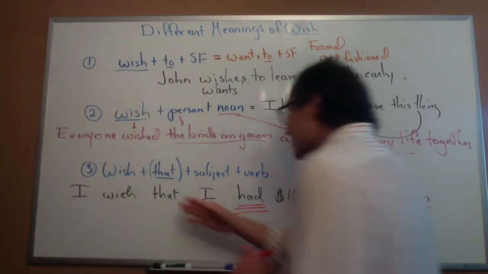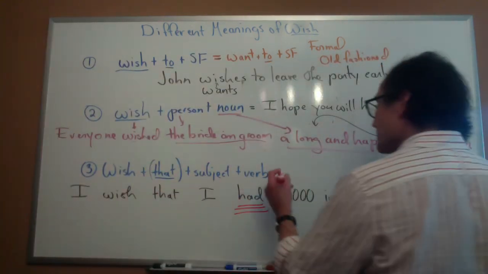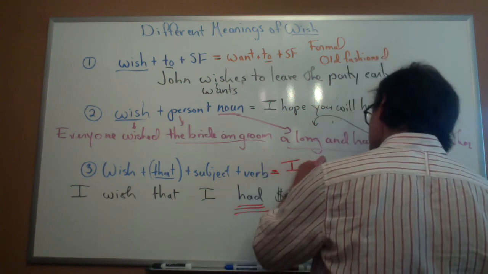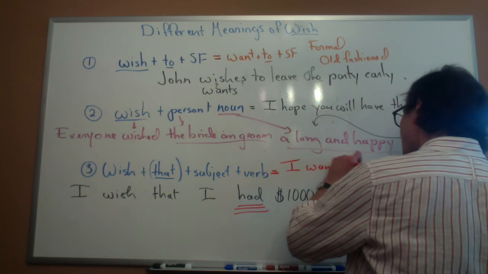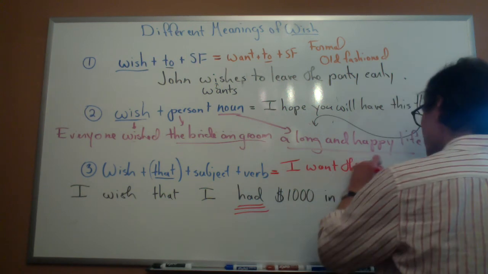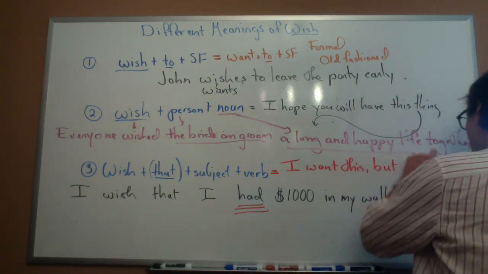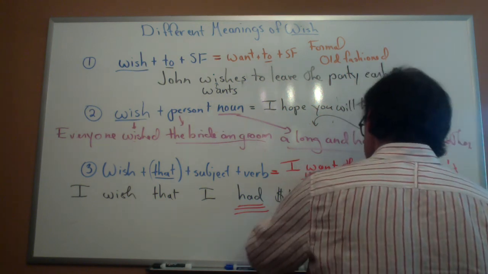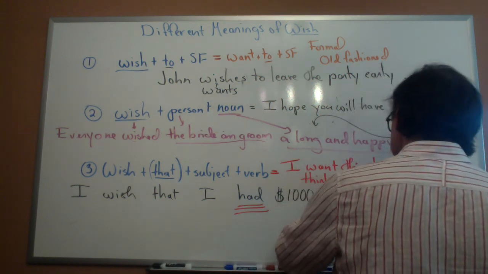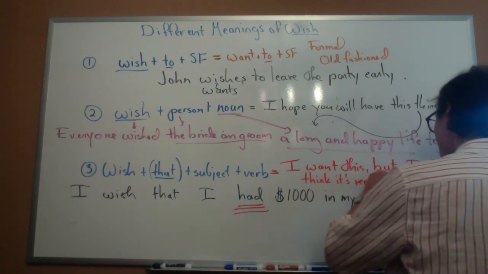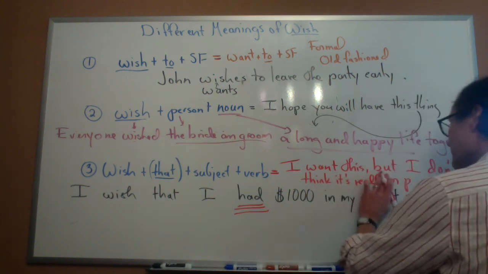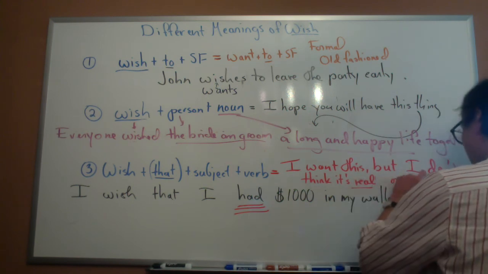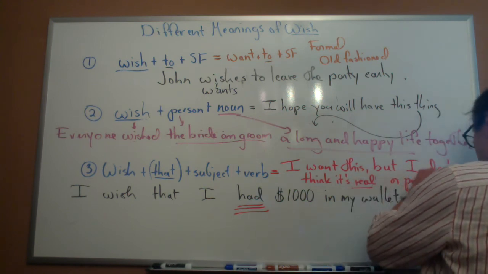So when I use wish plus that plus subject plus verb, it means I want this, but I don't think it's real or probable. I don't think it will probably happen.